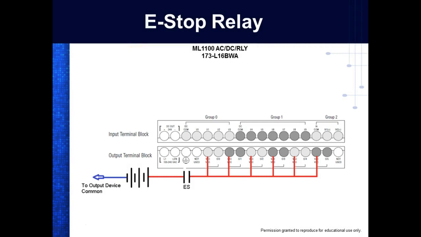So this is the screw on the 1100 PLC. This guy here has 10 inputs, and then it's got 6 outputs, right? This one here is the 1100s that we have.